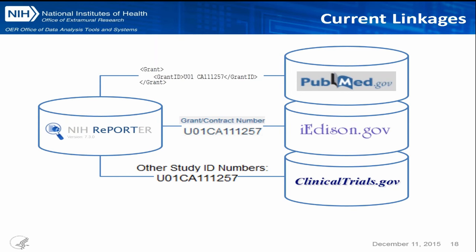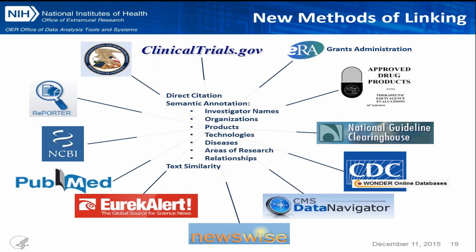But there are other types of linkages we could make as well, and that's what we're hoping to do: expand on this, because in addition to direct citation, we can also make linkages based on other information that might be contained in the publications or patents or other products. We know that our investigators don't always cite their support in their acknowledgement sections, or we might want to have a larger picture of our supported investigators' work.